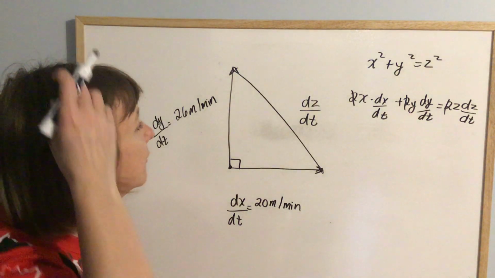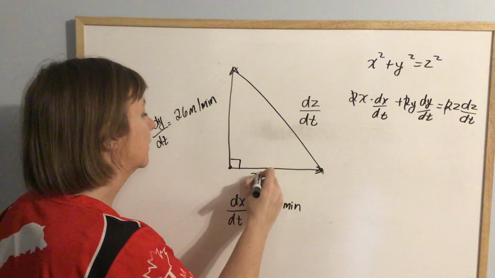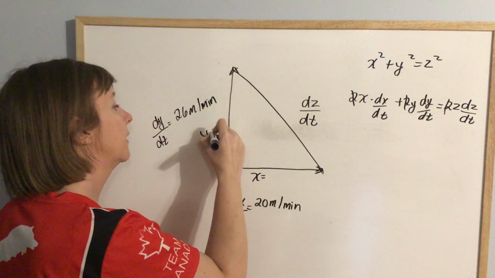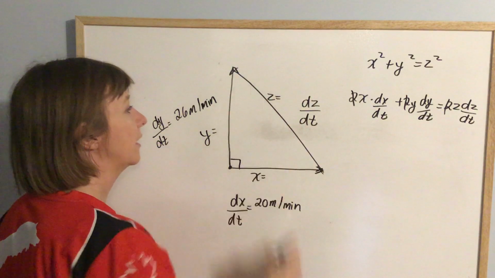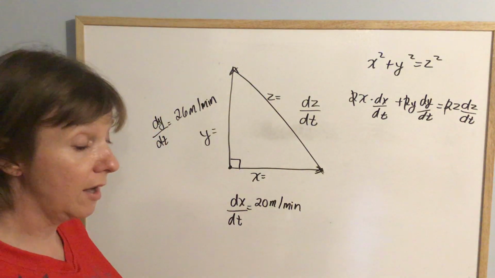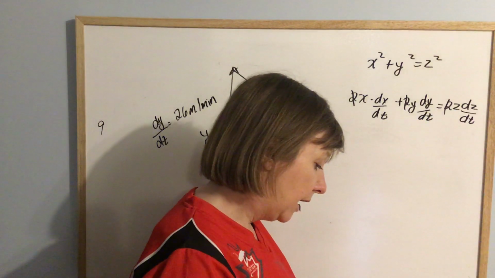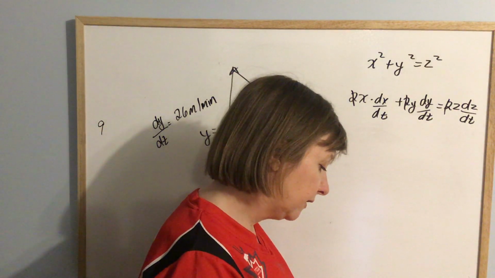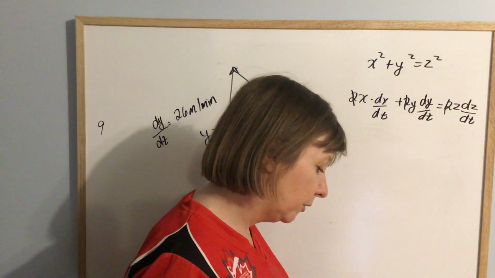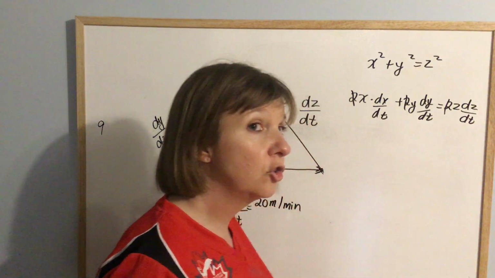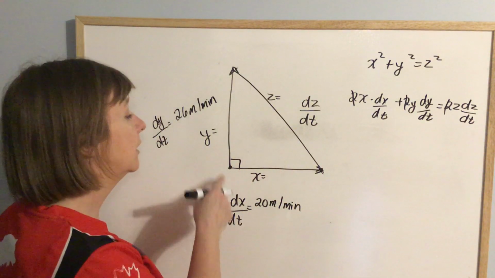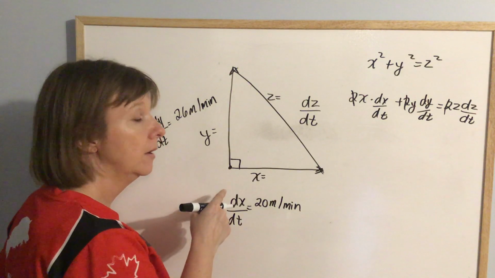The problem is I don't have an x, I don't have a y, and I don't have a z, but I actually have the means to get it. Because in the question it says, at what rate is the distance between the two people increasing 2 minutes after they leave the coffee shop?